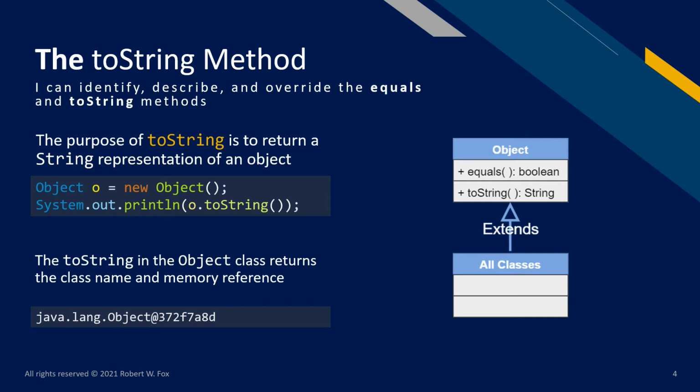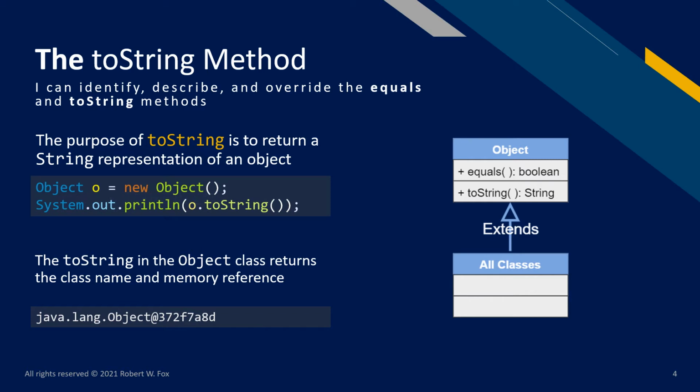We've talked about the toString method really since the very beginning of the course, but we've never talked about where it actually comes from until now. The purpose of the toString method is to return a string representation of an object. And so you can see right here, I'm actually going to create an object. So I say Object o equals new Object.